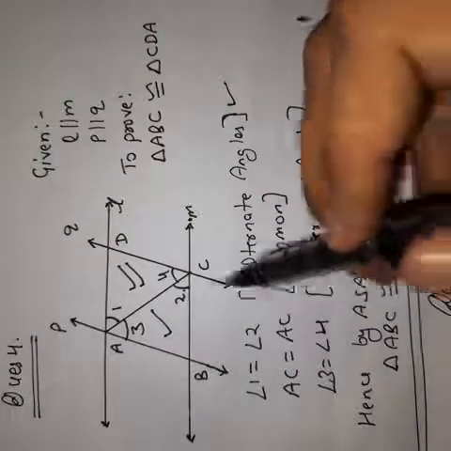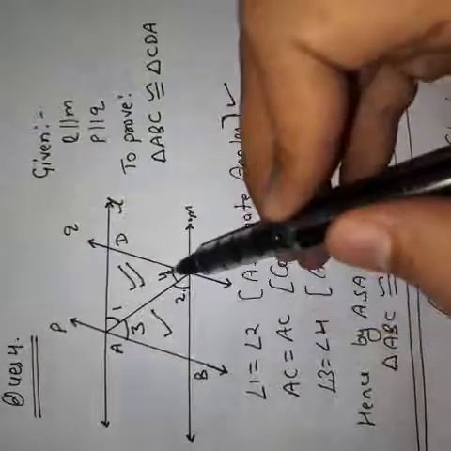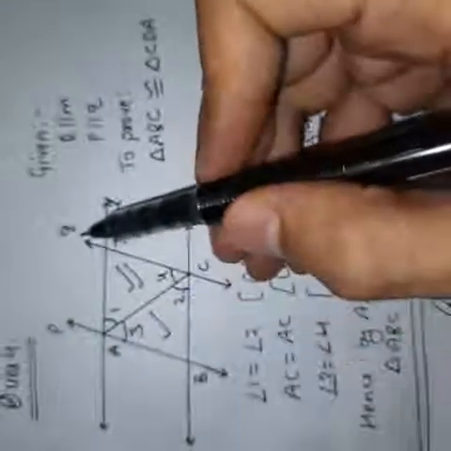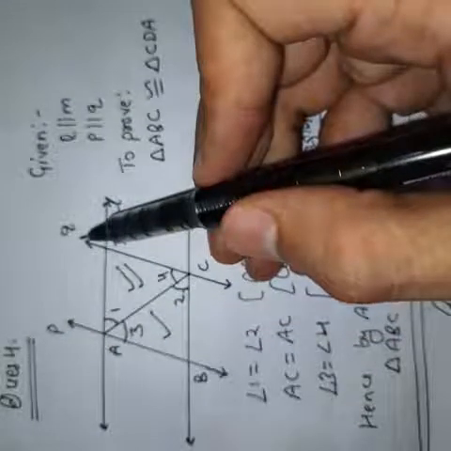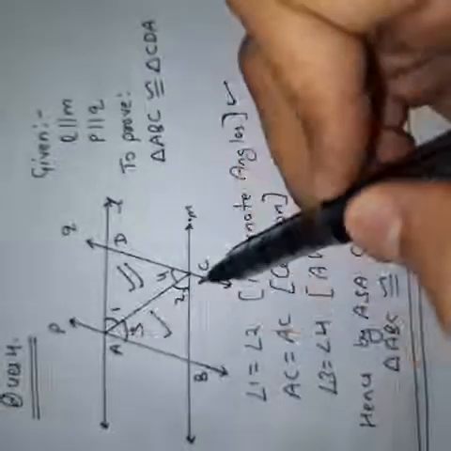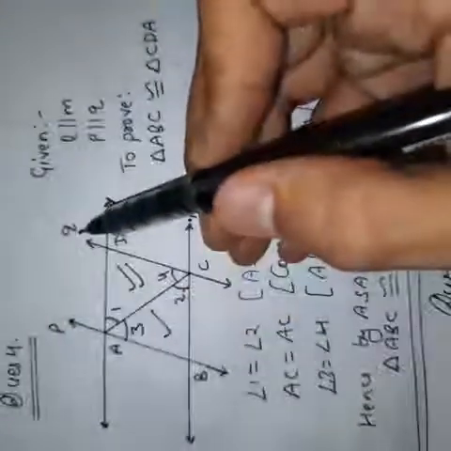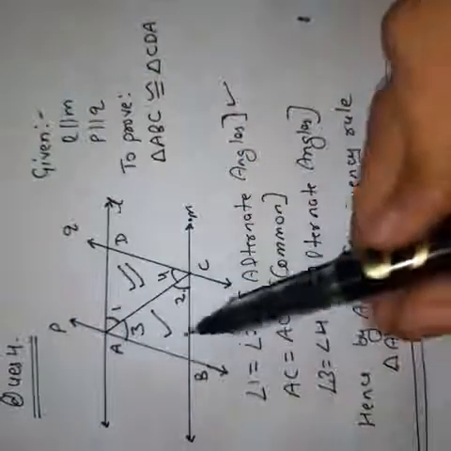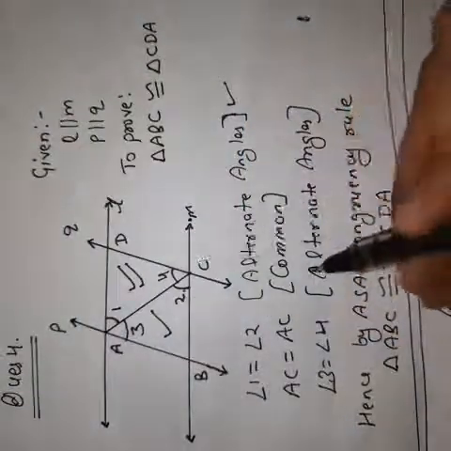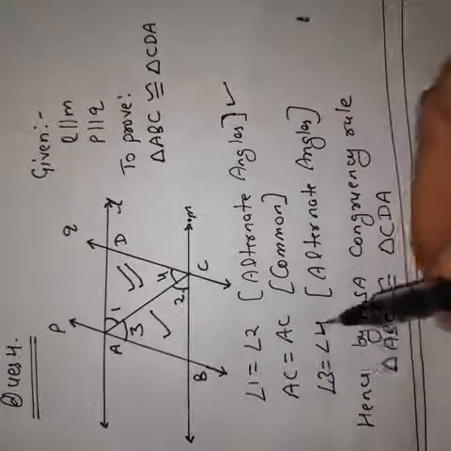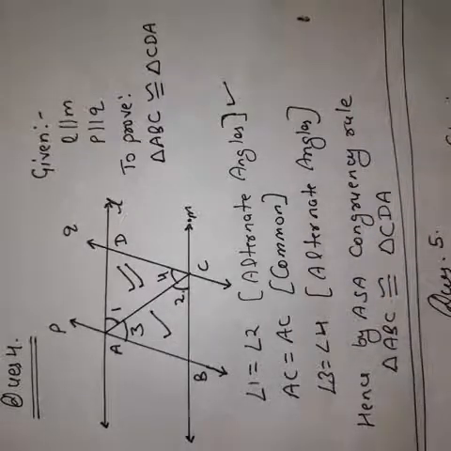Also, angle 3 is equal to angle 4 because lines P and Q are parallel to each other, and line AC is a transversal for lines P and Q. Hence, angle 3 and angle 4 are also alternate angles, so angle 3 is equal to angle 4.